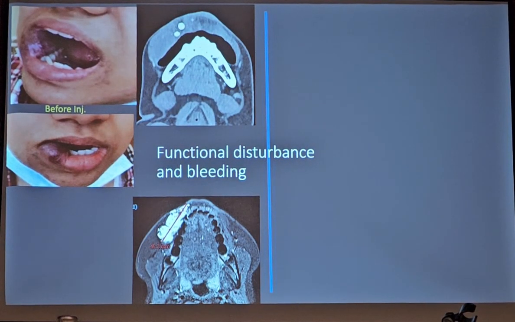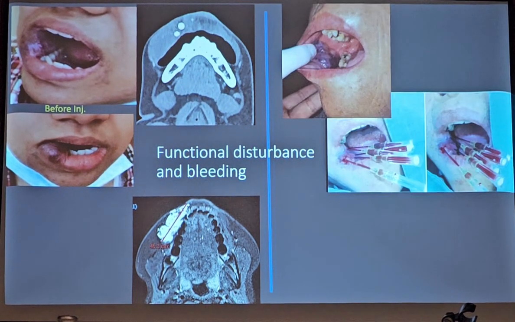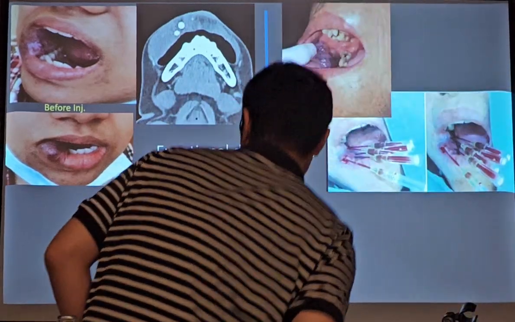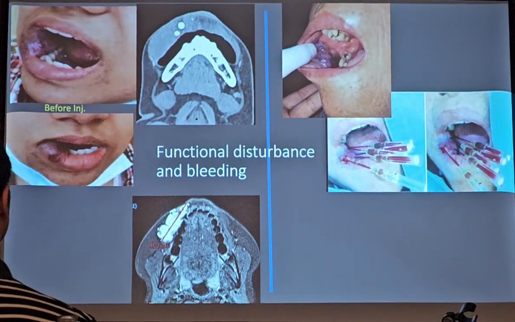In the oral cavity, this boy has a big lesion over there, and sometimes it's disturbed. Most of the time, it's chewing things. He always chews this lesion and has bleeding. So we can do as many needles as possible to do this aggressive treatment to the lesion.